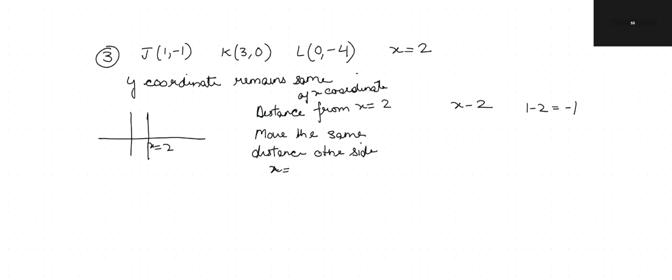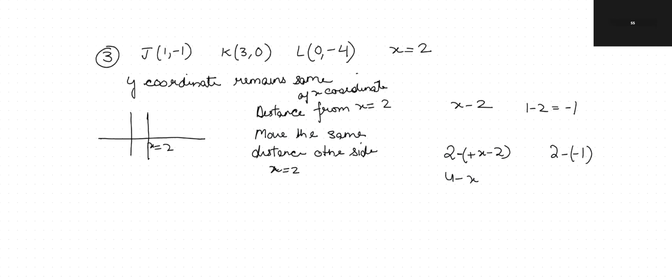So this will become 2 minus (x minus 2). Okay, so this will become 4 minus x. Or in this case, when we already got minus 1, it will become 2 minus minus 1.